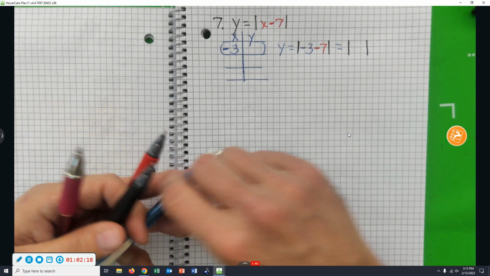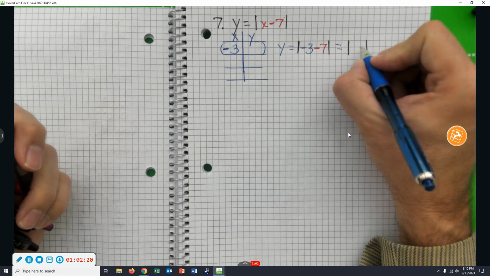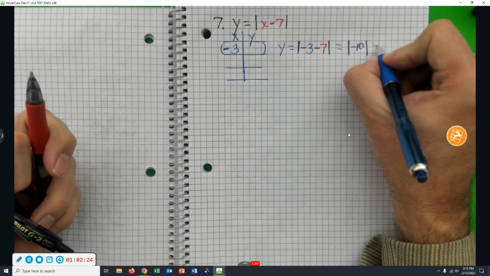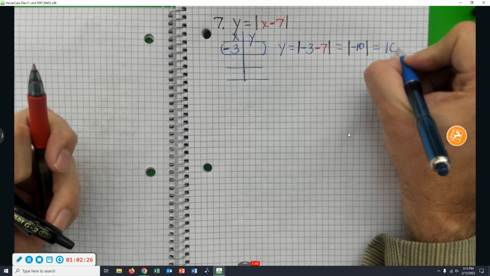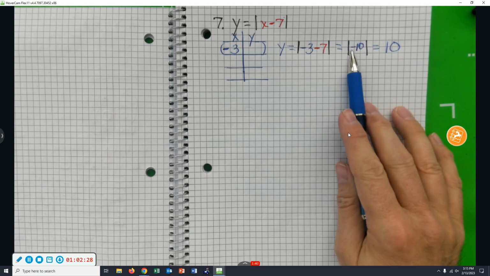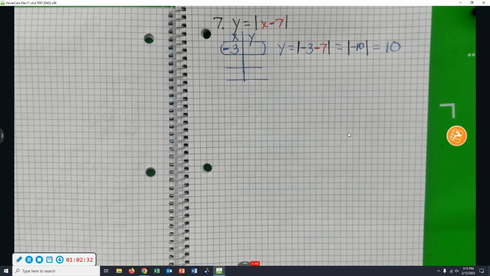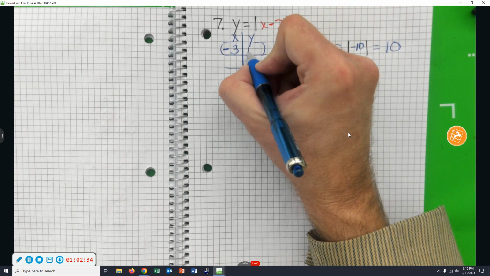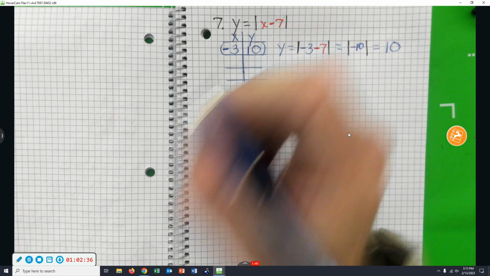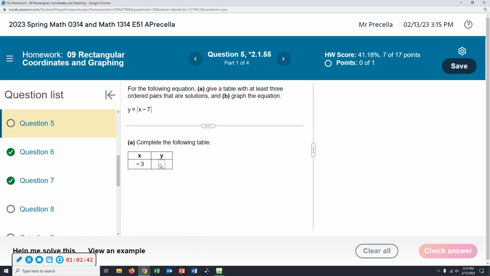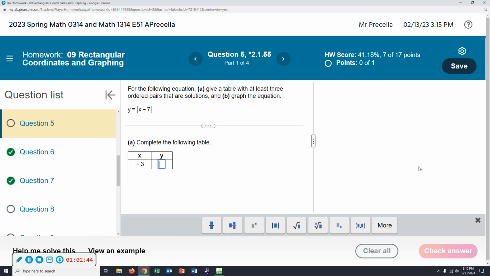Oh, did y'all hear that? Beautifully said. -3 minus 7 is -10, but that's in absolute value bars, so it should be +10. Remember, the absolute value of -10 is +10. There's one point there. +10. Check it.